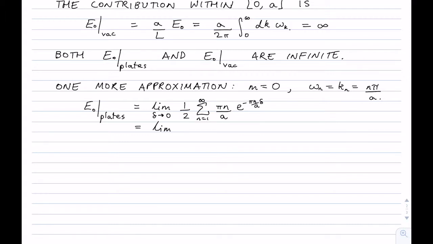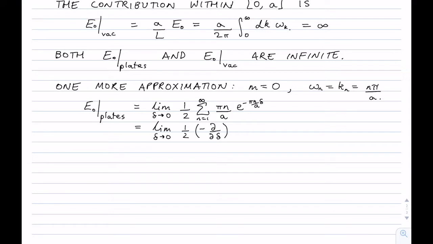And I'm not going to go through the full mechanism of the details here, but essentially what I can do is take this, it's a half, and apply minus d by d delta, a derivative with respect to delta.